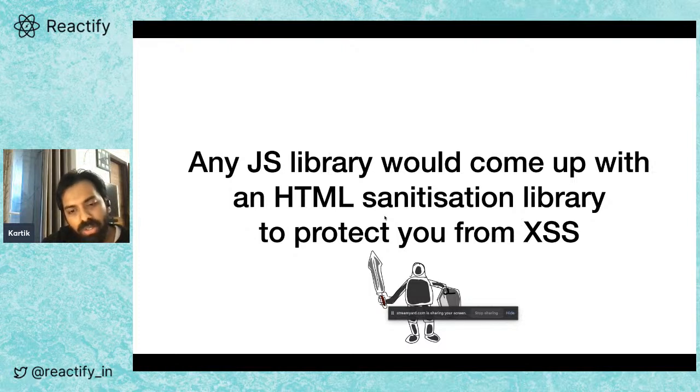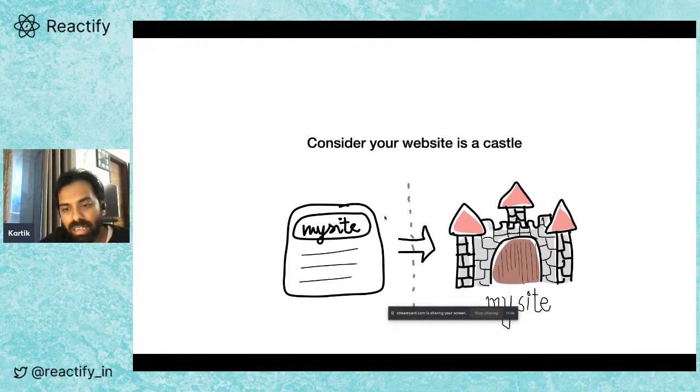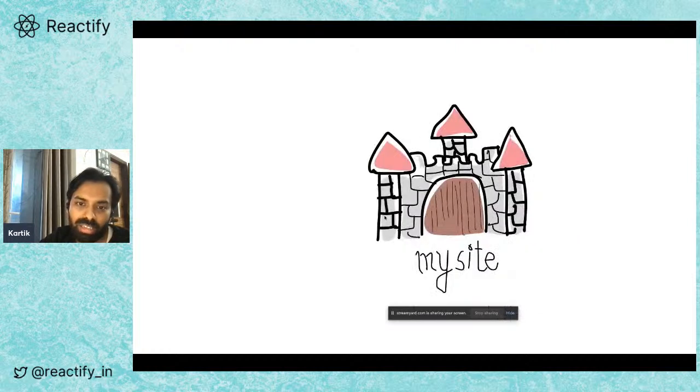So visually, I'd like to represent that as a guard here. The guard you see here, guard or a warrior. Let's assume that your website called my site, in a parallel world, is a castle, and it looks somewhat like this. So this is your site slash castle.